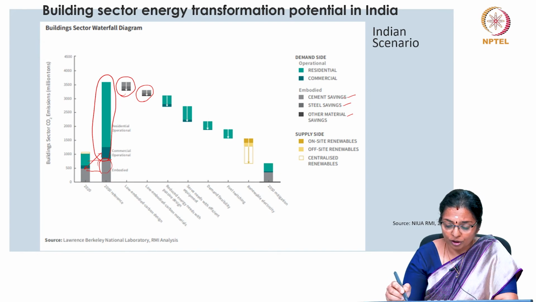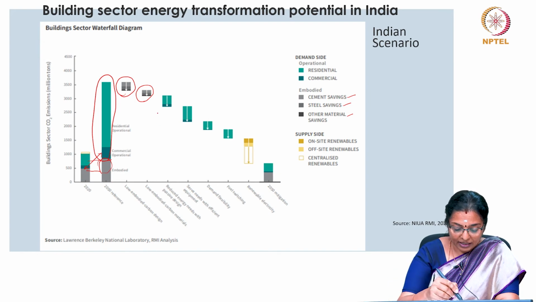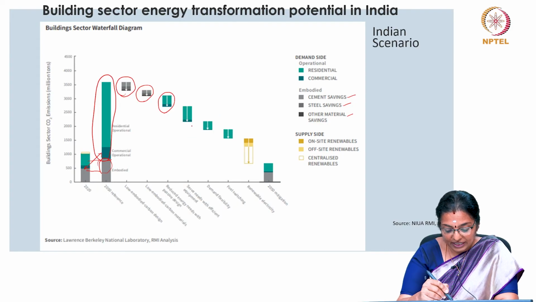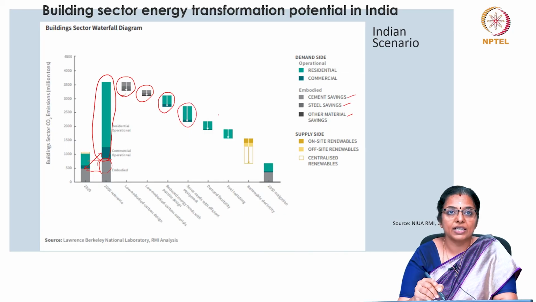They consume a lot of energy, and reduced energy needs through passive design can also be one way we can reduce the demand. If we serve needs with efficient equipment, the operational energy can come down further. Demand flexibility can bring down operational carbon.